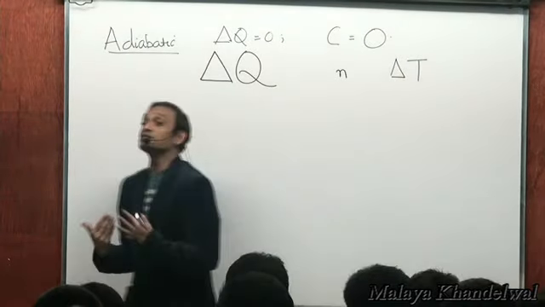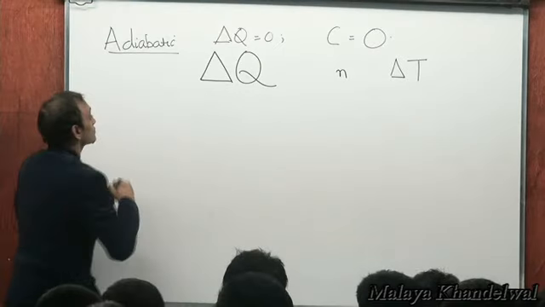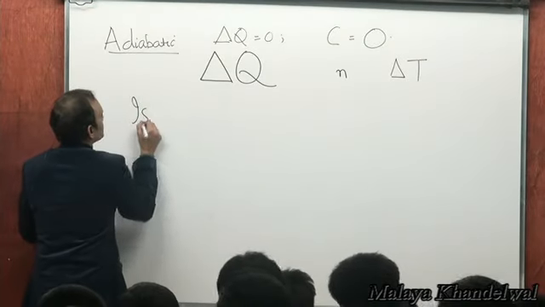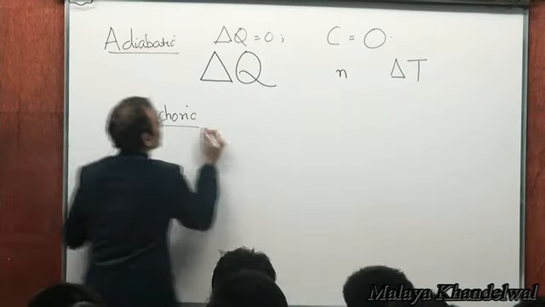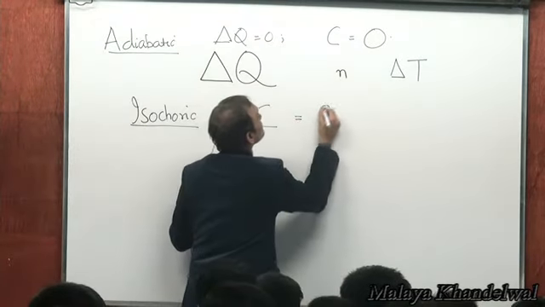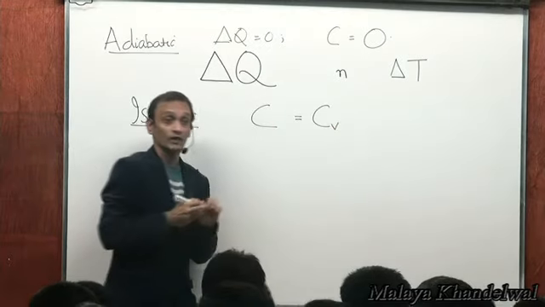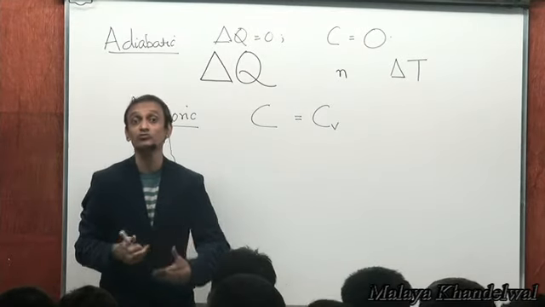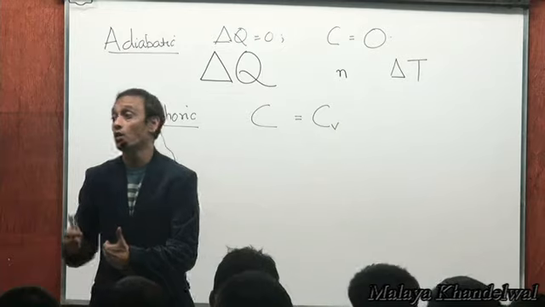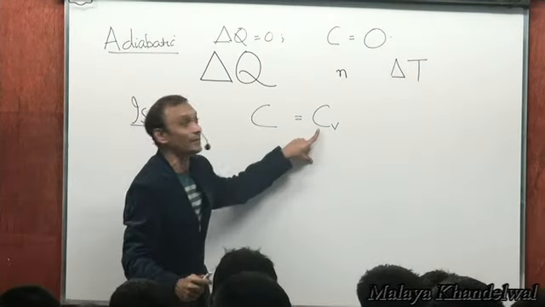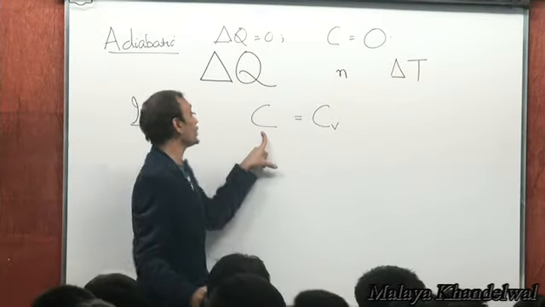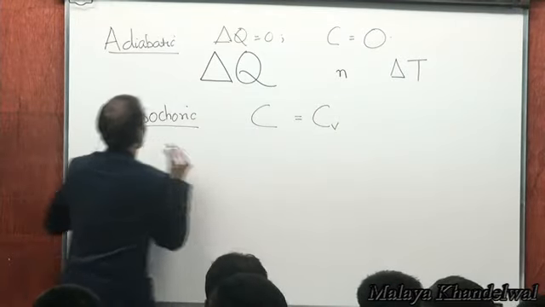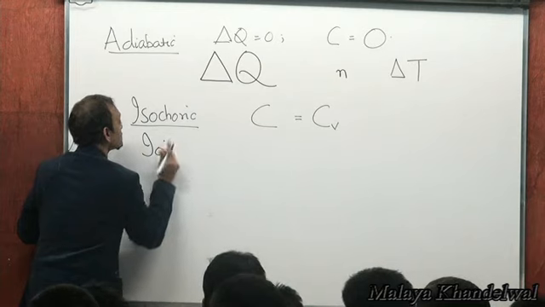For a constant volume process, for an isochoric process, C is the same as Cv. Because for an isochoric process, the amount of heat required to raise the temperature of 1 mole through a unit degree is the same as Cv. So C for an isochoric process is Cv. For an isobaric process, Cp.